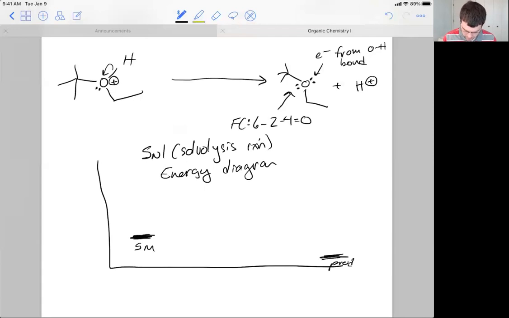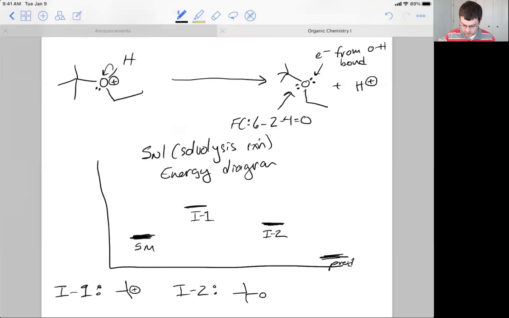We're going to have intermediate 1, and then probably lower in energy, though I wouldn't worry about why too much, is intermediate 2. So intermediate 1 is going to be our carbocation intermediate, and intermediate 2 is going to be our oxycation, or oxygen-centered cation intermediate.